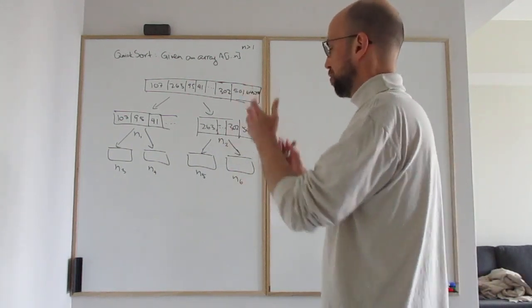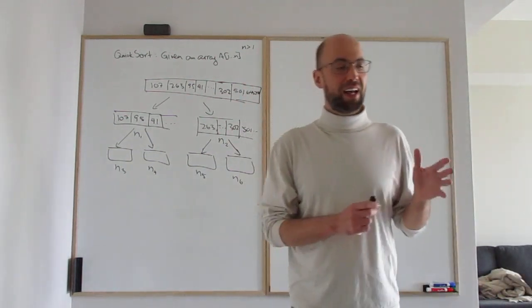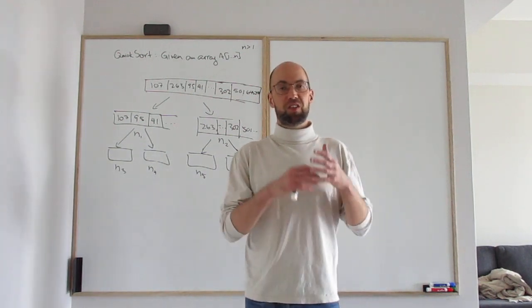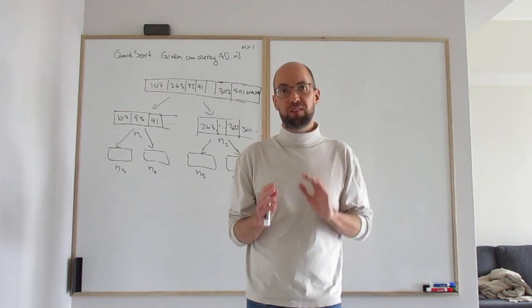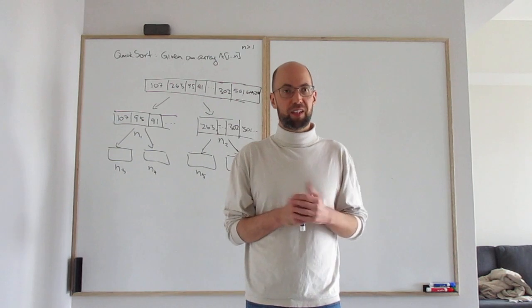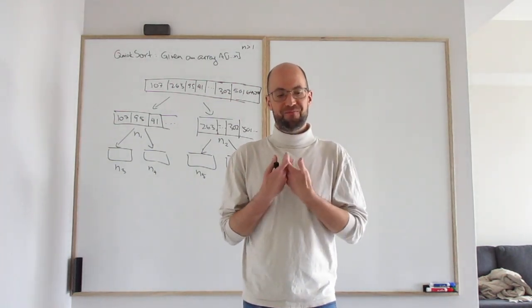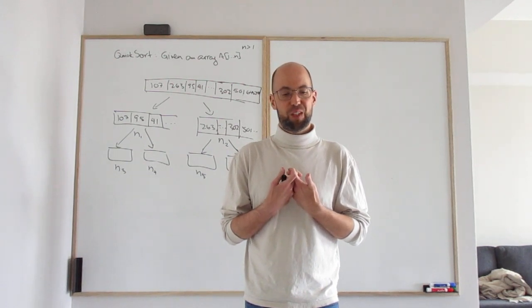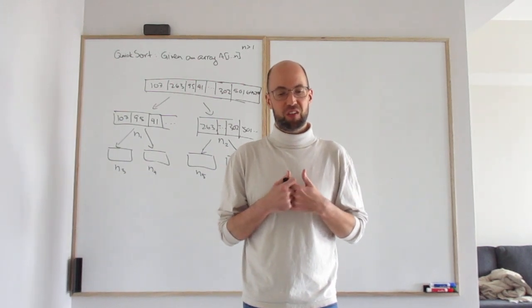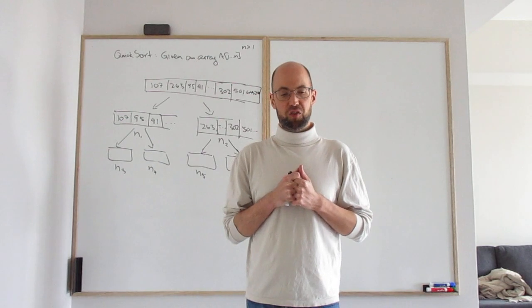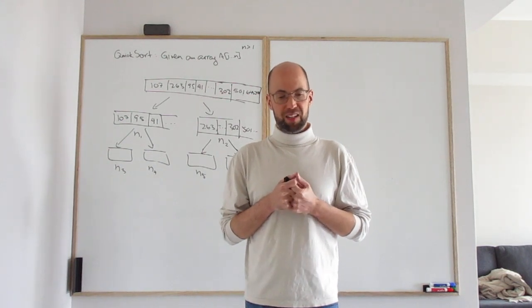So, let's think of this tree. There is an analysis in the book which is very heavy on recurrences and bounding summations and stuff like that. If you want to practice summations and everything, that's great.